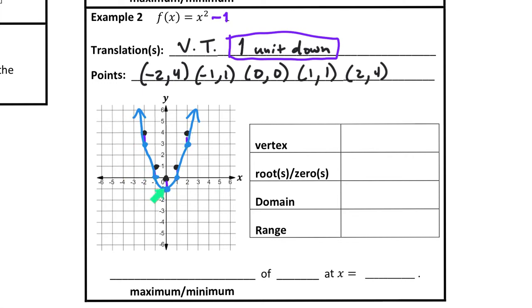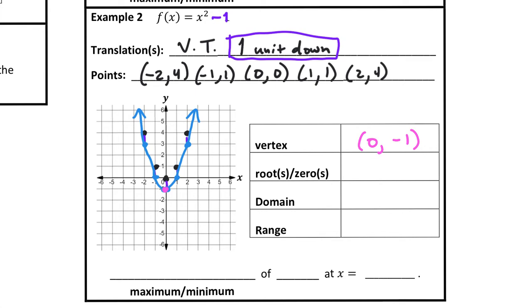But then we have a vertex here. I'm going to use a different color since I already have purple there. I'm going to use pink for the vertex. So the vertex is at 0, -1.